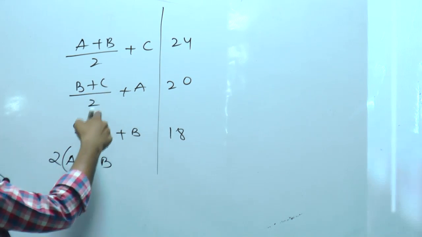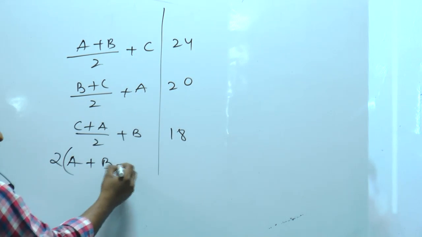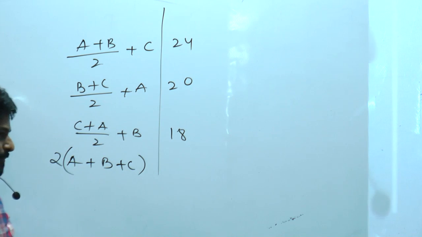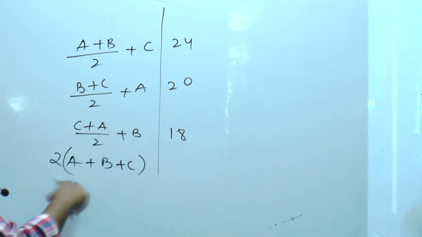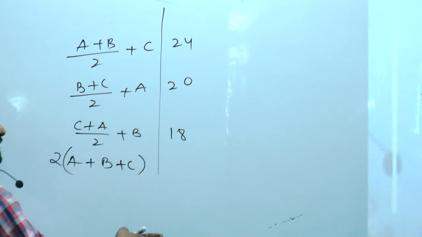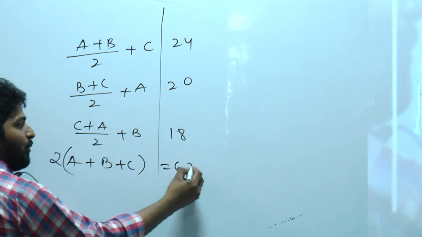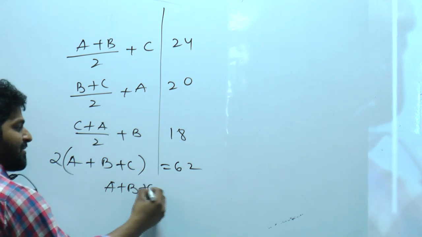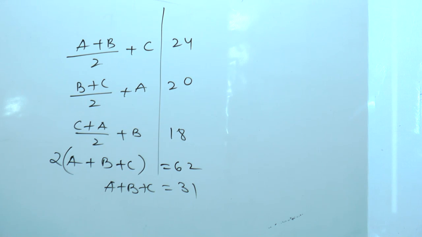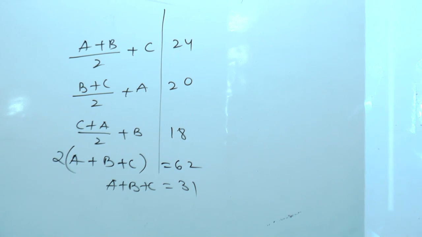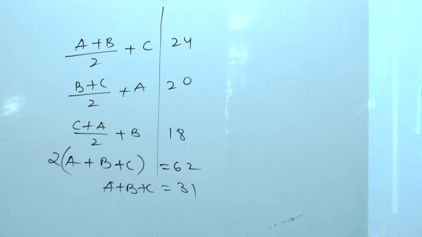C by 2 plus C by 2, C plus C, which is equal to 2 into A plus B plus C. If you add everything, you will get 62. Then A plus B plus C becomes 31. Done? Right.